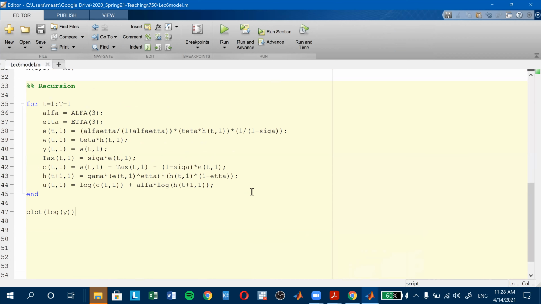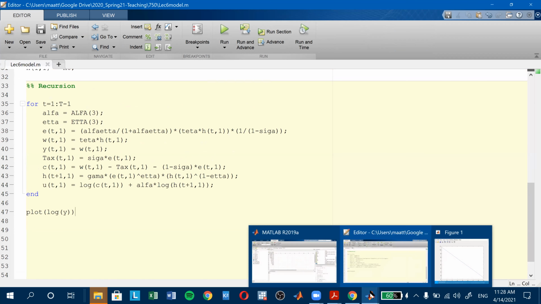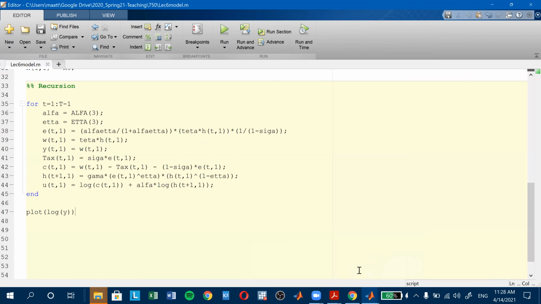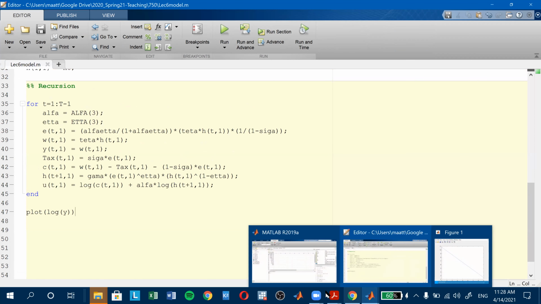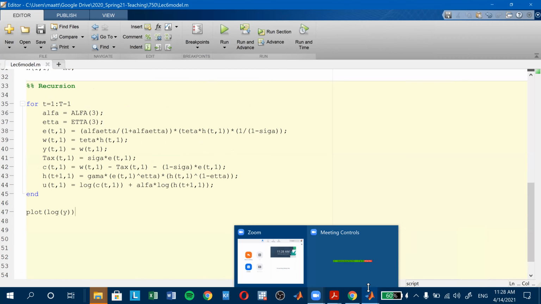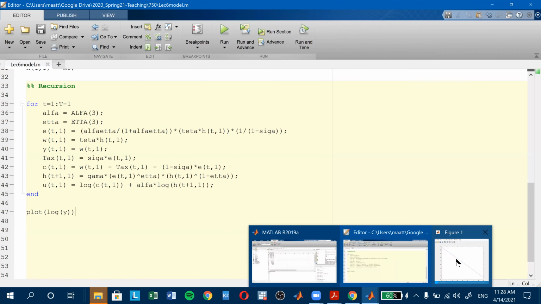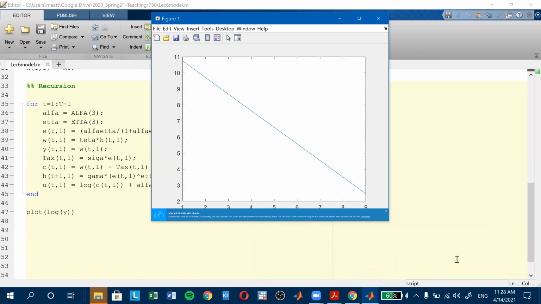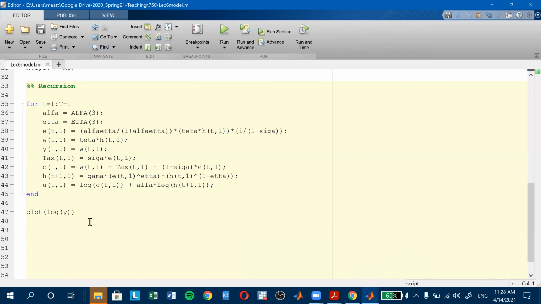Data. So the growth rate, I guess, is, so what's the problem here? Log Y. Okay, I cannot see it. What about the education spending?